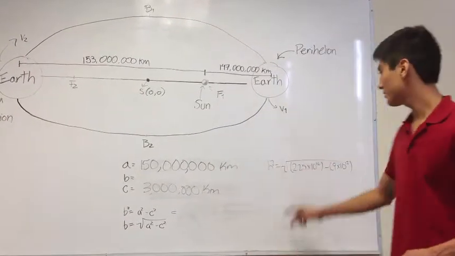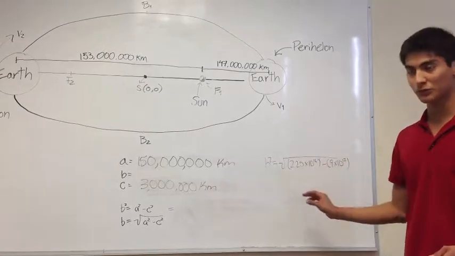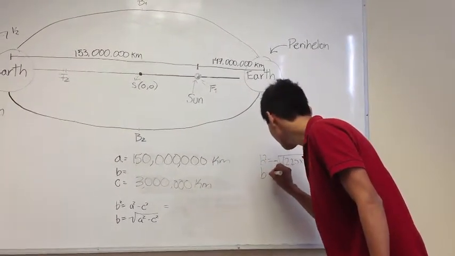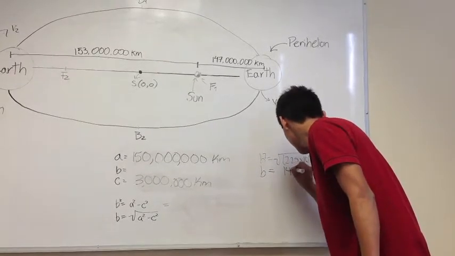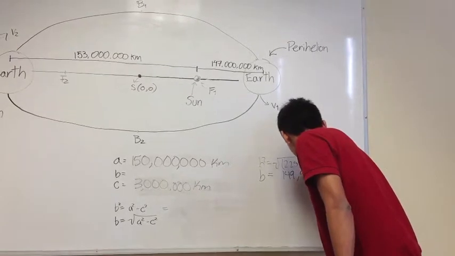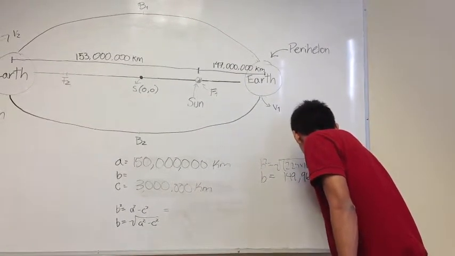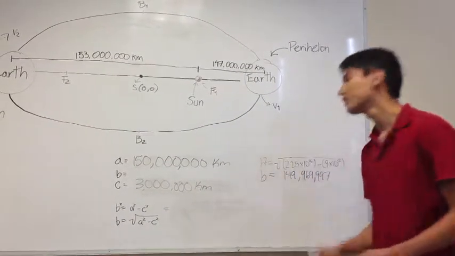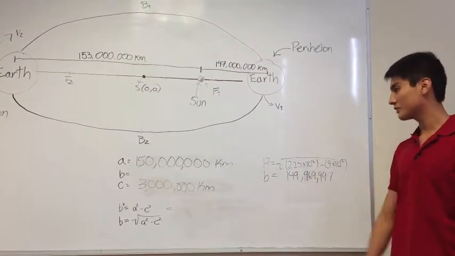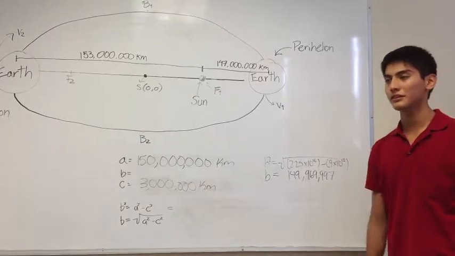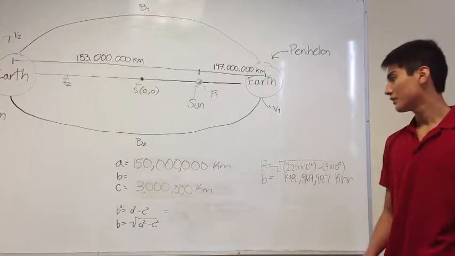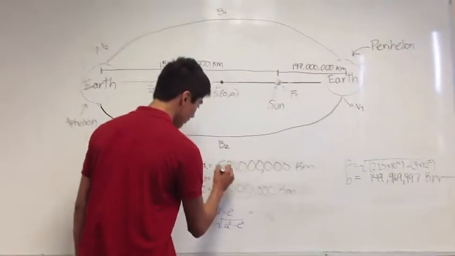Now for this, we have to use the square root, and the answer for that would be 149,969,997 kilometers. That is value B.